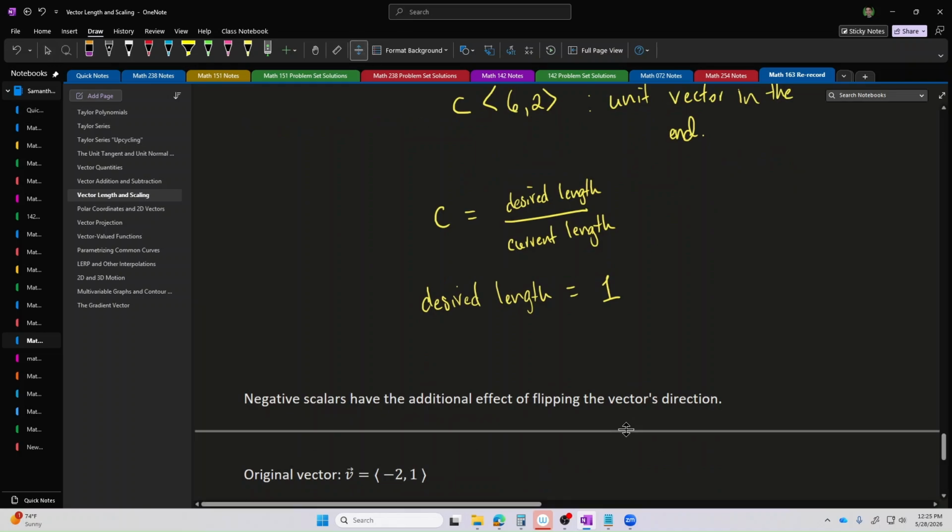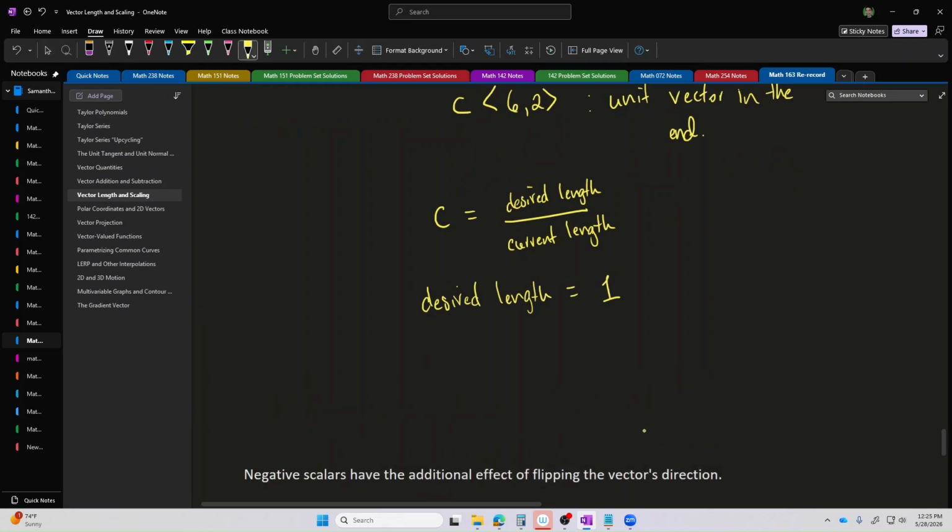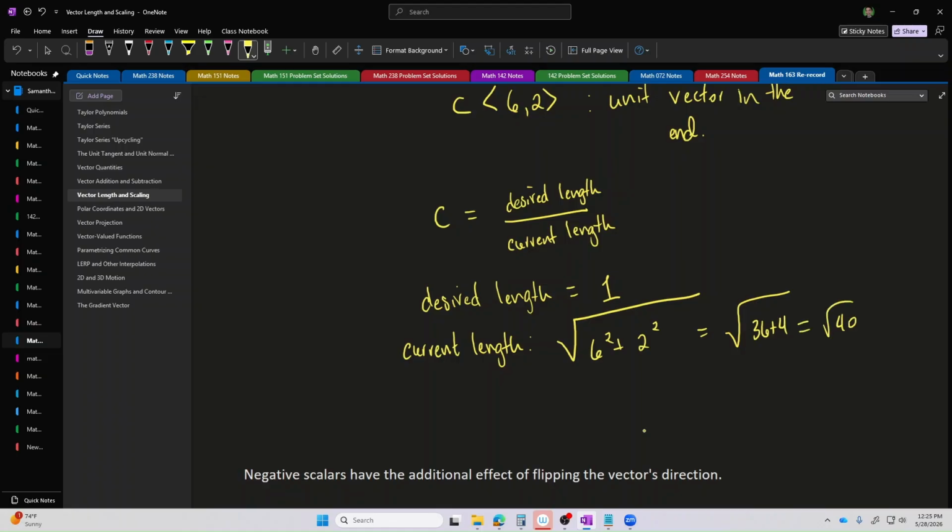The length that I currently have has to be calculated using the Pythagorean theorem. So that looks like the square root of 40.